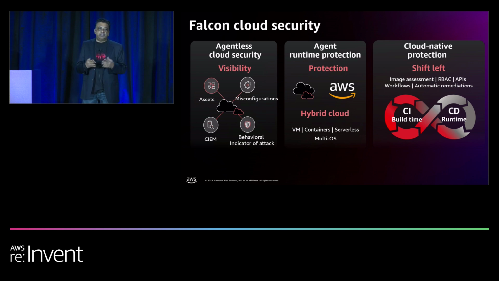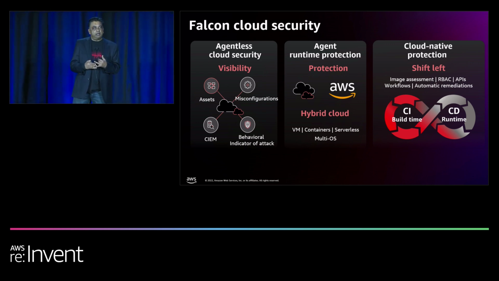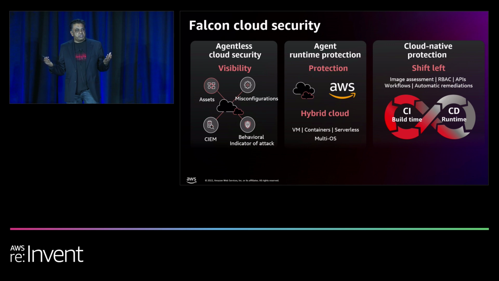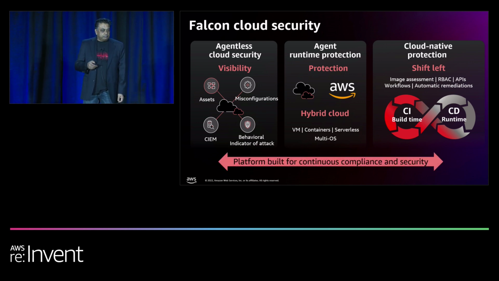You protect not only your Kubernetes infrastructure running on EC2, pods and nodes, but also serverless using Fargate, whether it's ECS or EKS. So that's a huge advantage compared to some of the other vendors in this space. So it's not only agentless, but agent and shift left.